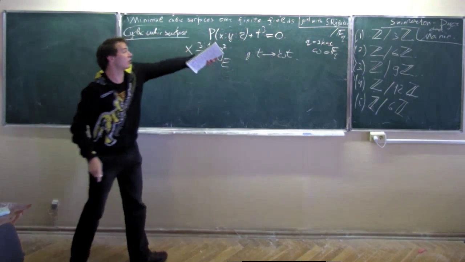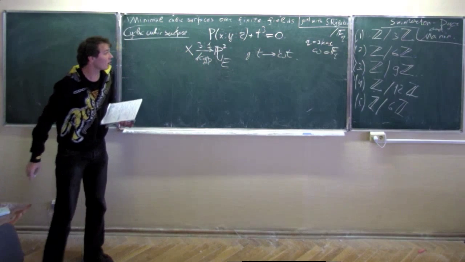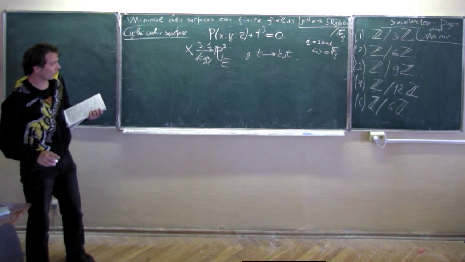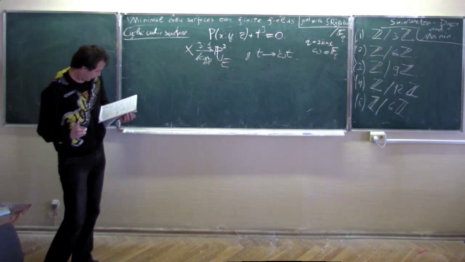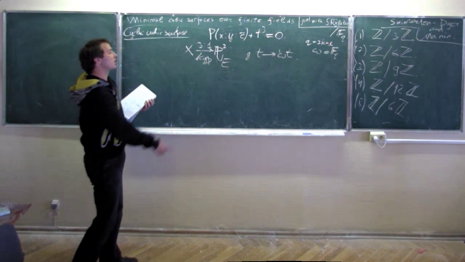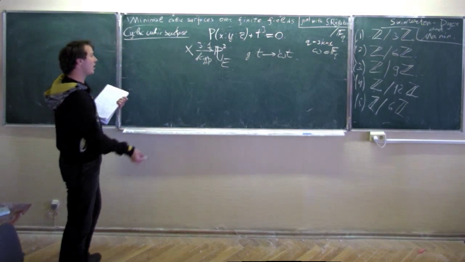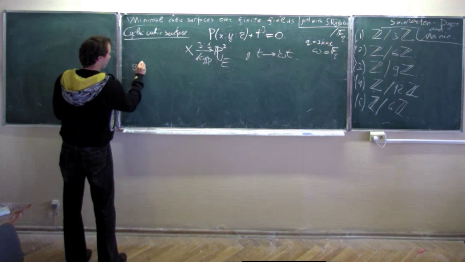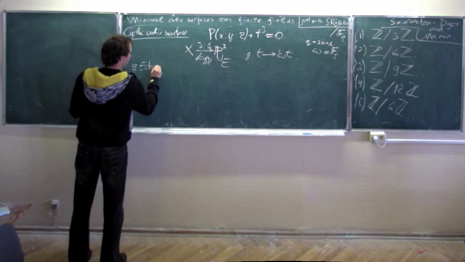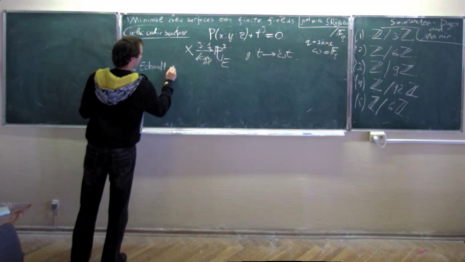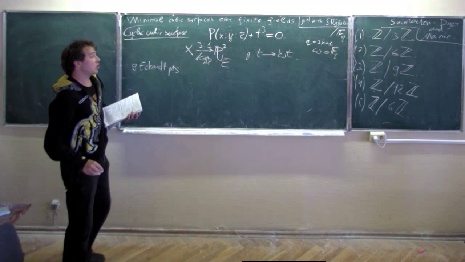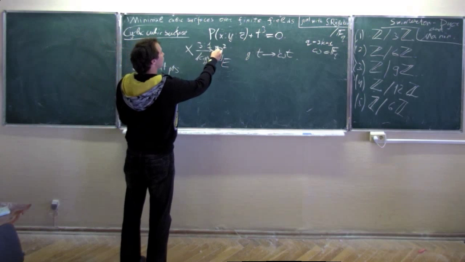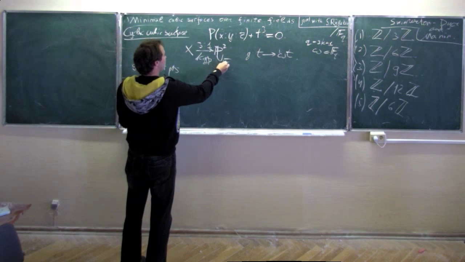Yes, we have an automorphism of this surface in this way. Moreover, the interesting thing is that on such a cubic surface there are 9 Eckart points, at least 9.